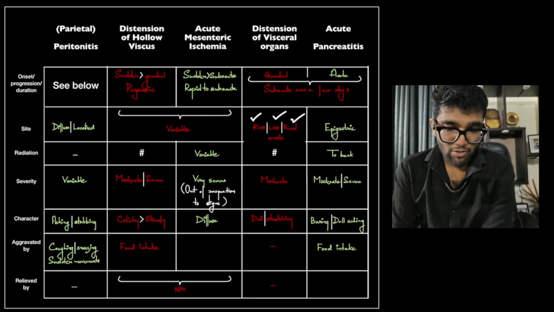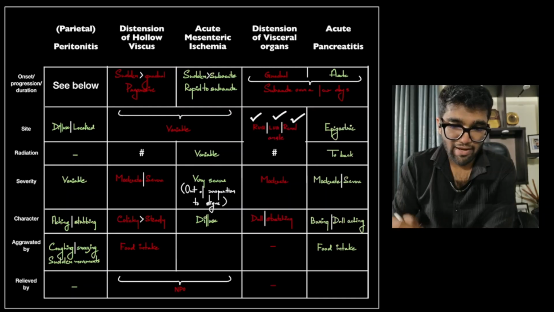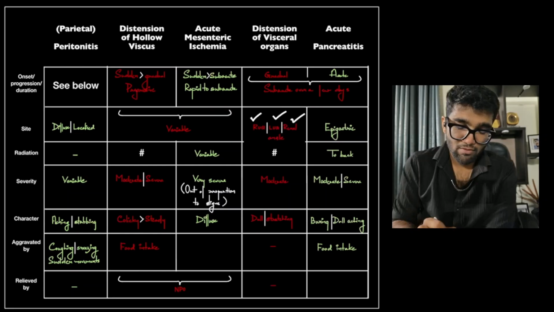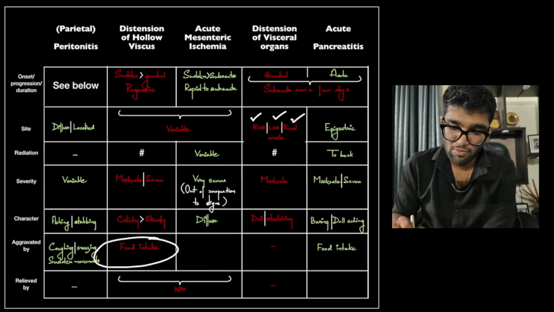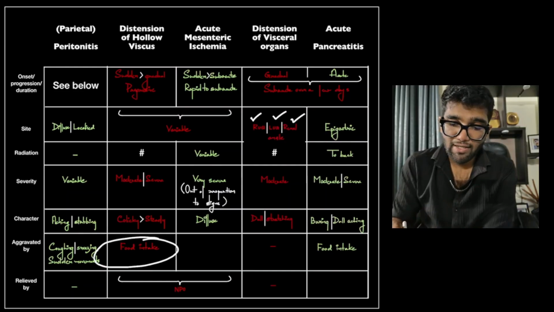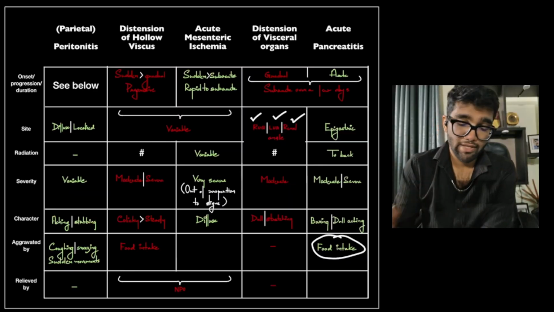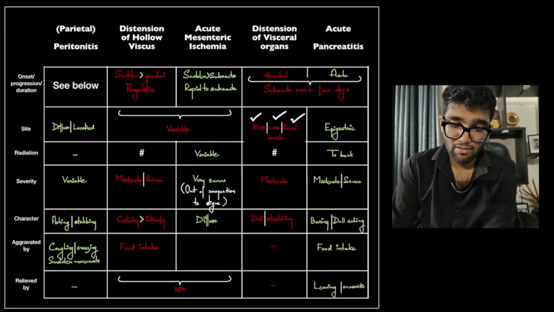I do, however, feel that when patients have an aggravation of pain with food intake, it strongly indicates the presence of either a hollow viscus obstruction, particularly biliary or gastrointestinal tract, and or acute pancreatitis. Three things that you must consider if food intake is significantly aggravating the pain.